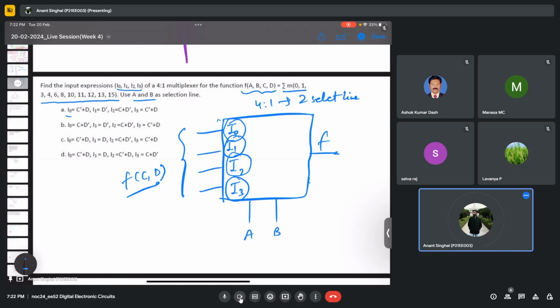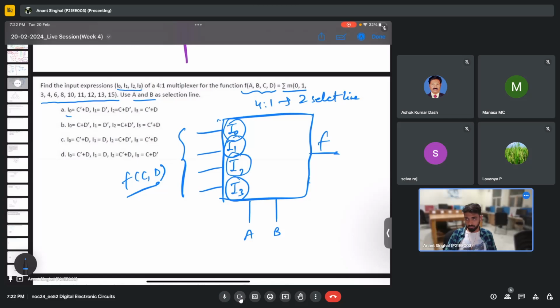Any answer? Has anyone calculated any of the terms I0 or I1?